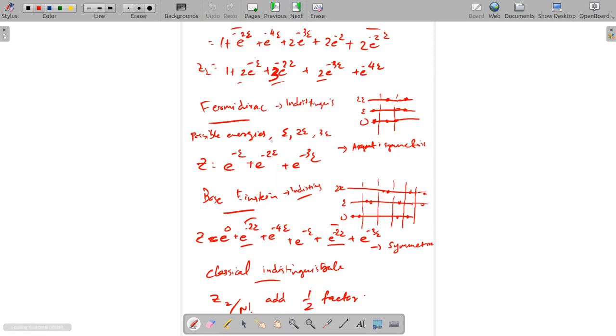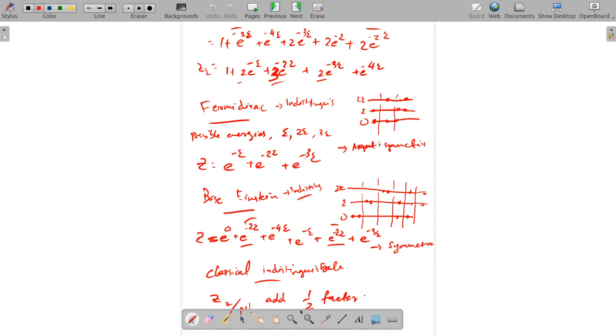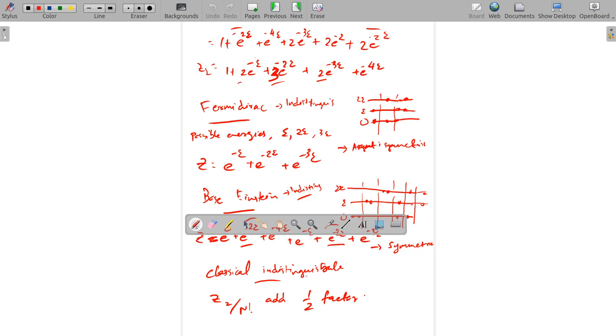Okay, now the last one. What if they are classically indistinguishable? So what's the difference between classically distinguishable and classically indistinguishable? If you remember this problem, in order to make entropy additive, you have to put an additional n factorial there.